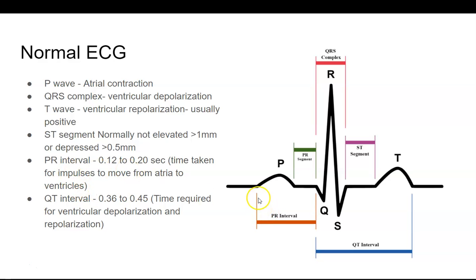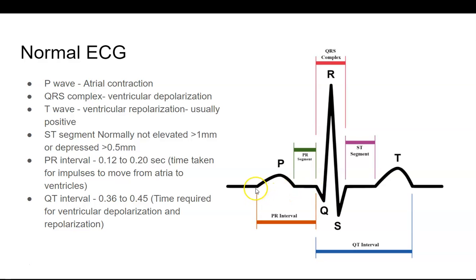PR interval is from the start of the P wave till the start of the Q wave. We say it is the PR interval. Normal is 0.12 to 0.20. You know what 0.20 is? That is one big box on the ECG paper. So 0.20 second is the normal time taken.